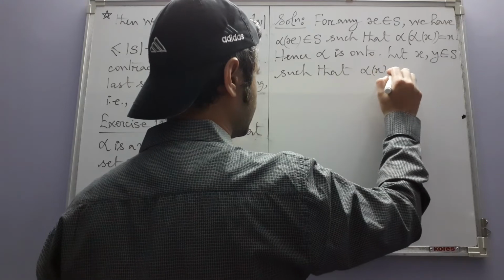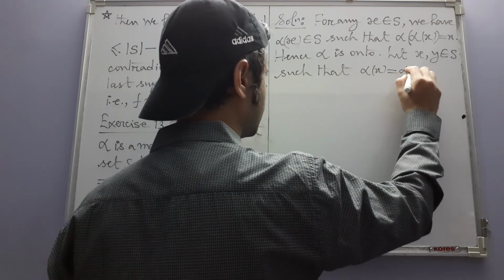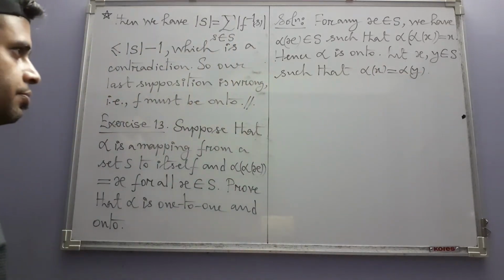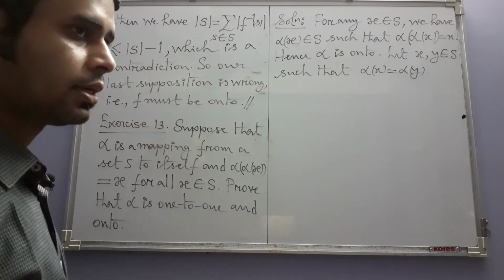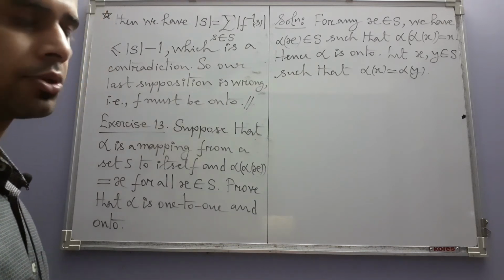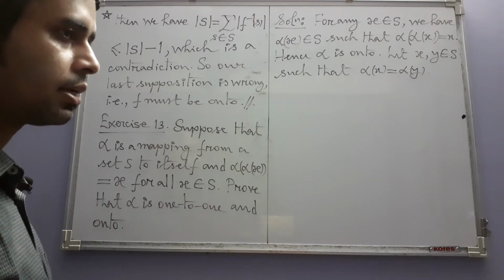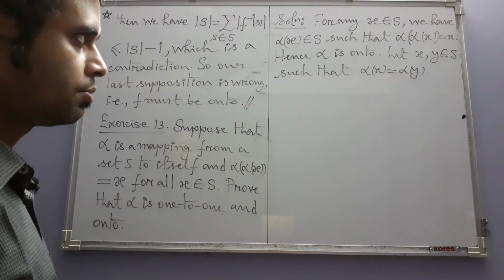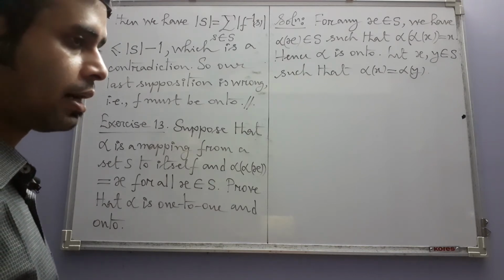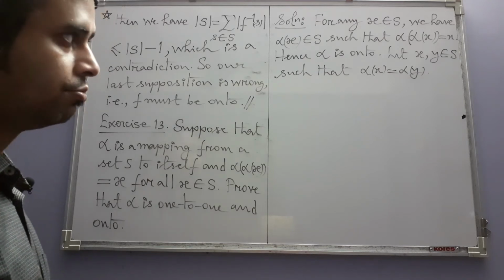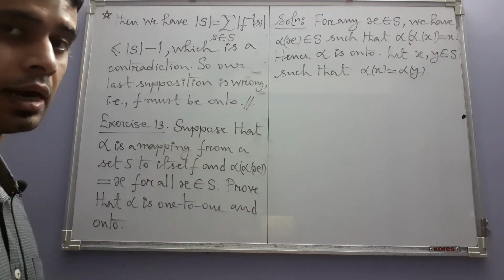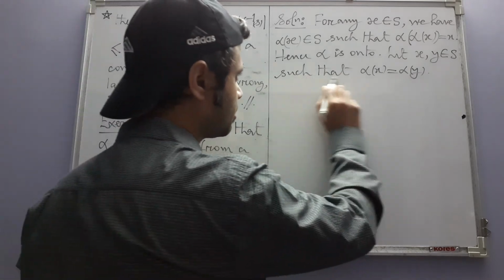Okay, what I said just now, I butchered the language. I should not have said output of these things corresponding to alpha. Ideally, I should say like this: the outputs under the function alpha when the inputs are x and y are equal. Okay, this is our assumption.